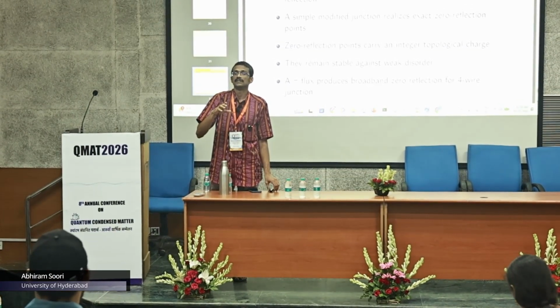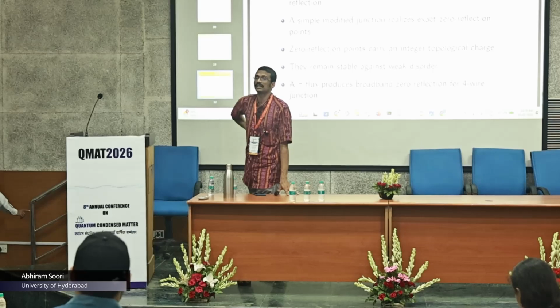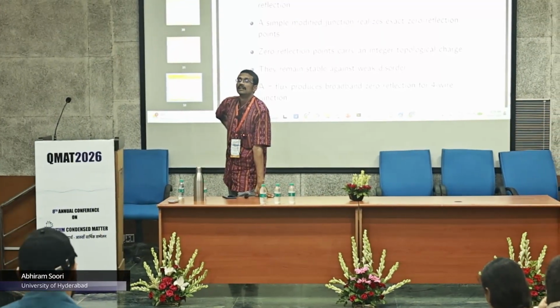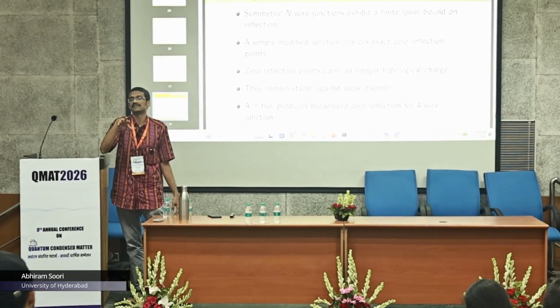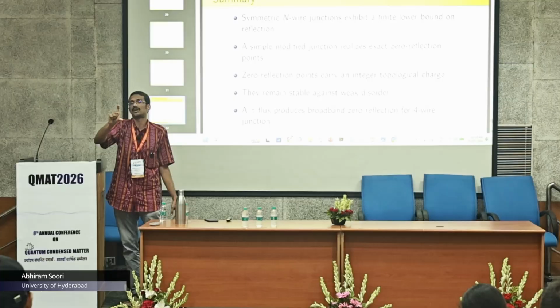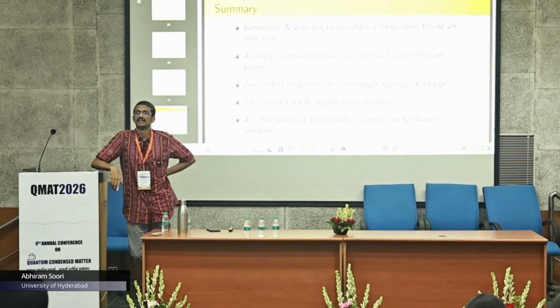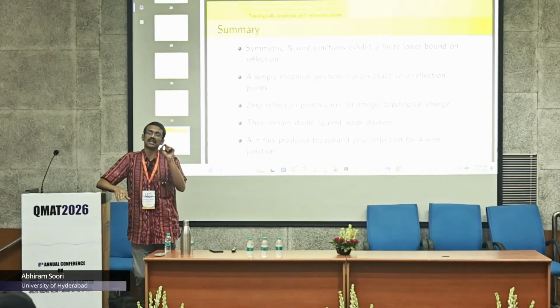I would not call it a pole, I will call it a zero. A pole is basically 1 over 0. The argument principle has that pole thing also, but I am taking the special case where the function is bounded between 0 and 1. Then it's a zero basically. So it guarantees that there is a point where the function goes to exactly 0. That's the Cauchy argument principle. From that I am defining the winding number, which is basically how many times it winds by 2 pi. Okay, I understood.